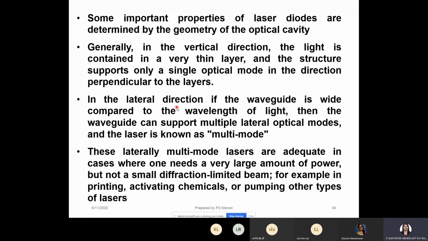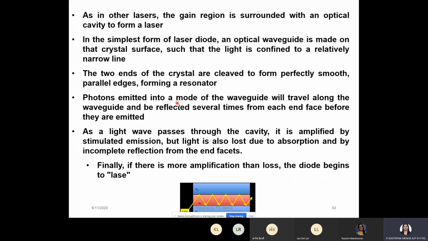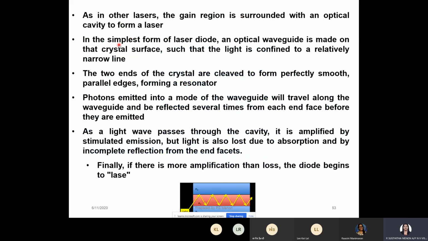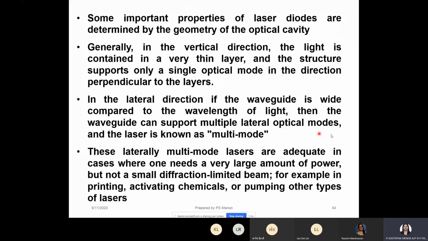Vertical means lasing from the top; lateral means lasing from the edge. In the lateral direction, it is wide compared to the wavelength of light, so the waveguide can support multiple lateral optical modes, what we call multimode. This is single mode, this is multimode. If it's edge emitting, you can make it multimode.